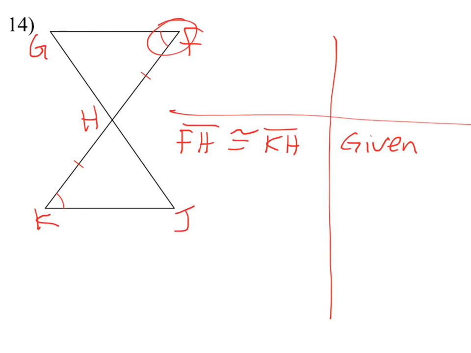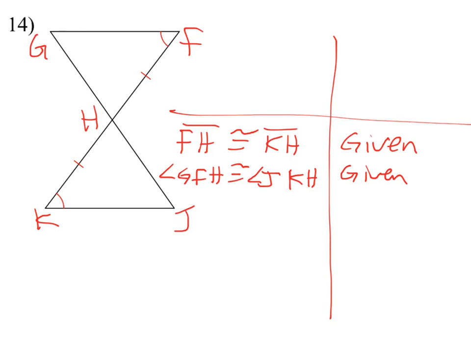And I know that these angles are congruent because they've been given. That's angle GFH congruent to angle JKH. It's a given. And there's one more thing we need. We need these angles here to be congruent to each other.